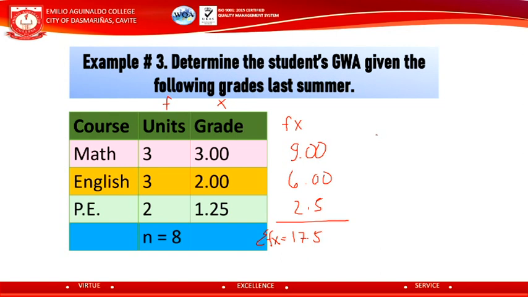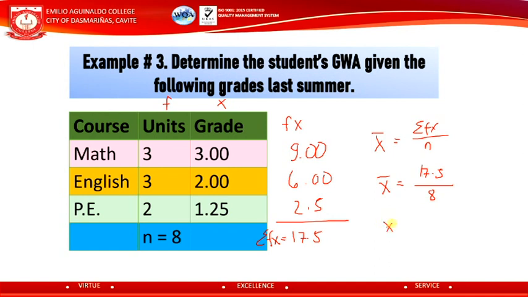We can now solve for the mean or the average of that student. So the average or the mean is just equal to the summation of fx divided by the total number of observations n. So here x bar or our mean is just equal to 17.5 divided by the total number of observations, which is equivalent to 8.